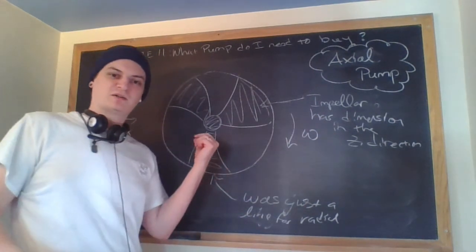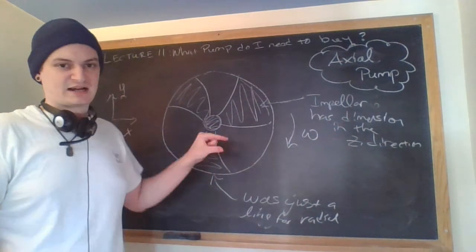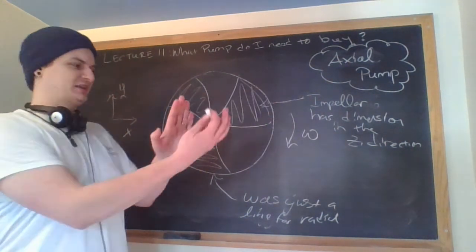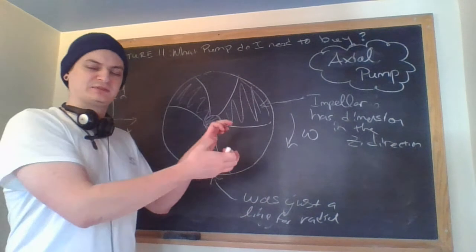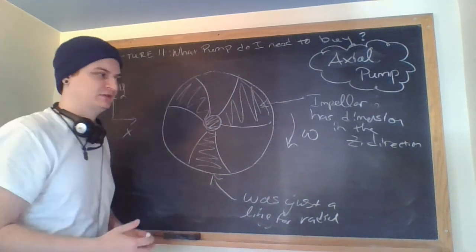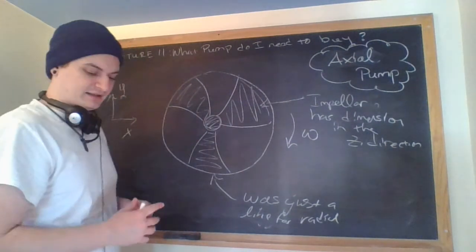In the simplified model for the centrifugal, you just had this thickness blade that went through it. But in terms of these axial fans, you'll see they always have a curve in them, and they'll take up physical dimension in all of the spaces. So they're always in contact with the fluid.